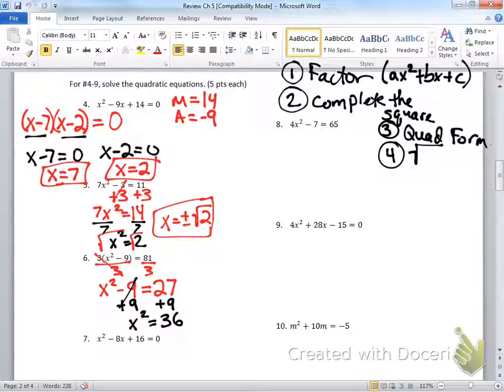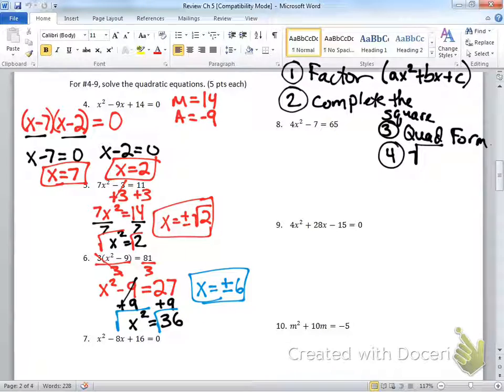Okay. X equals plus or minus 6. Same thing. Not the same thing. If you just had 6, you'd lose half the points because you only have half the answers. Maybe minus 1. Depends on my mood when I'm grading these.